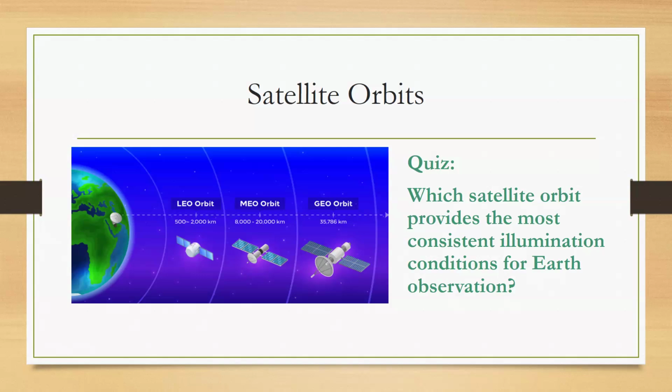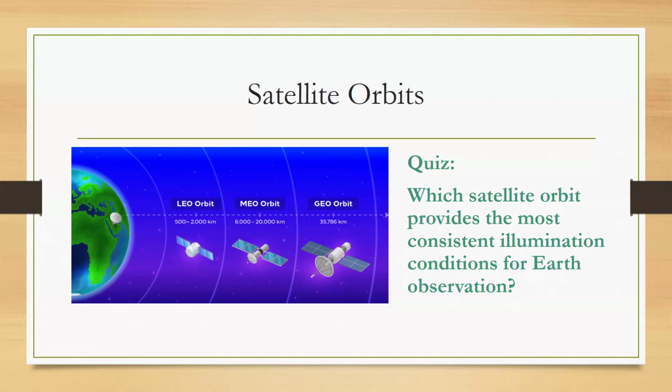Okay, so that is the answer. They are the ones in the sun synchronous orbits. They are the ones I told you are the special type of the low Earth orbit. So those that answered low Earth orbits are quite correct. But if we wanted to be very specific, they are the ones in the sun synchronous orbits.